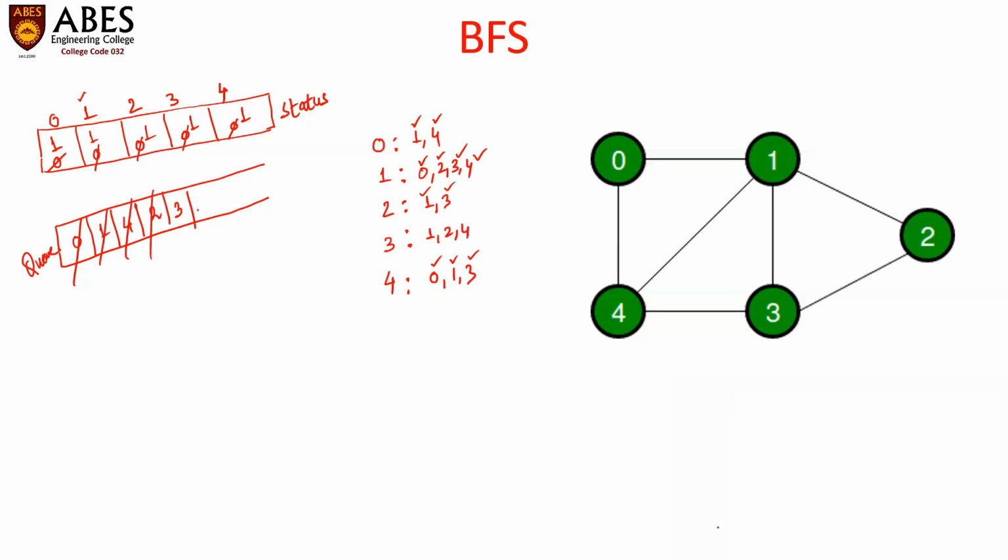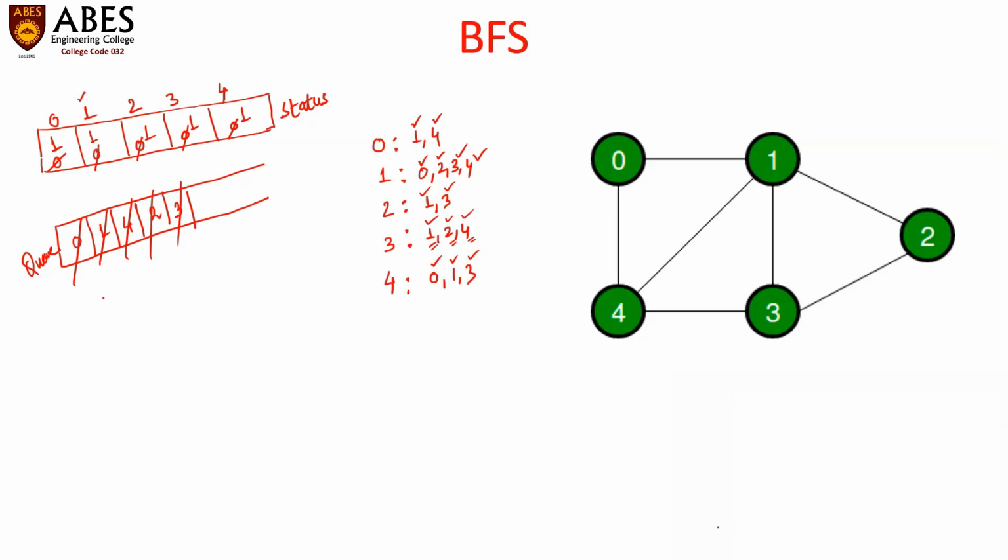Both of these vertices have already got visited, so we will not include them further. Now, vertex number 3 is deleted from the queue, and the connections are 1, 2, and 4. 1 is visited, 2 has already got visited, and 4 has also got visited. So we have seen the connections from 3, and the queue is empty.